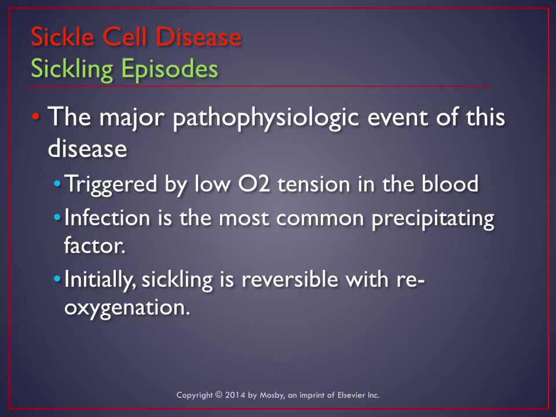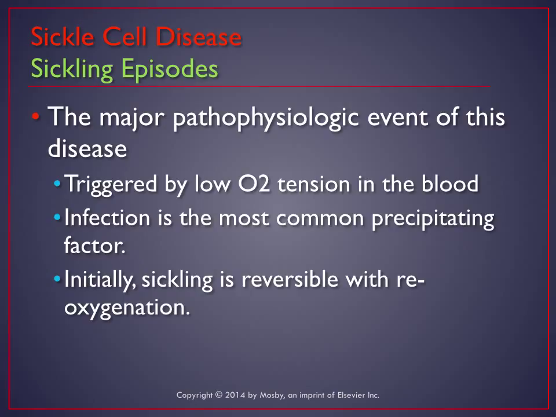Other factors which can trigger or sustain sickling episodes are dehydration, increased hydrogen ion concentration, increased plasma osmolality, decreased plasma volume, or low body temperature. A sickling episode can also occur without any obvious cause.